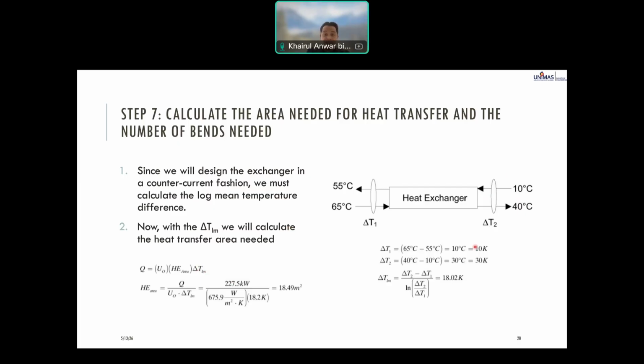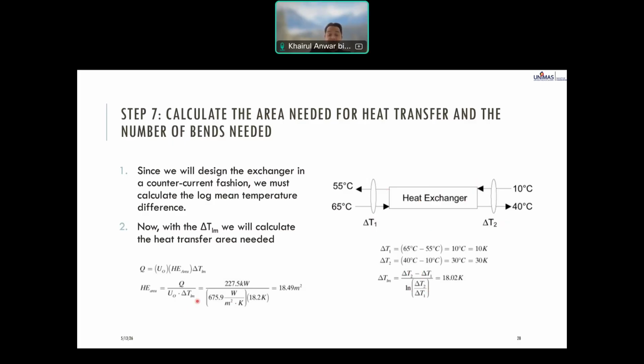For delta TLM, draw first so that it is easy to understand. Identify THO, THI, TCO, TCI, then calculate delta TLM. Since this is a 1-to-1 exchanger, there is no need to do the correction factor.